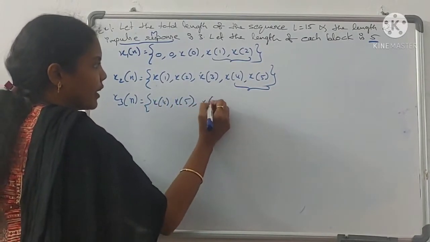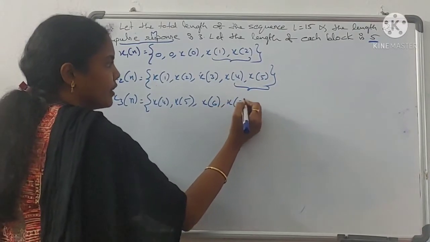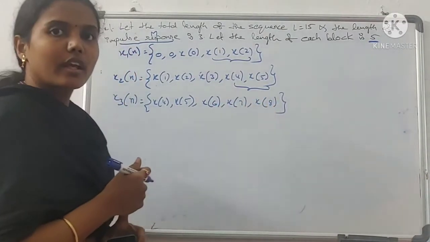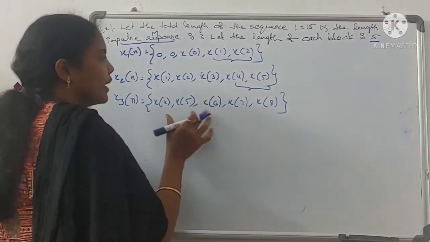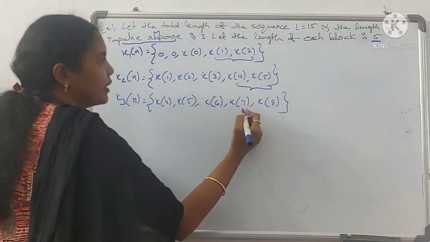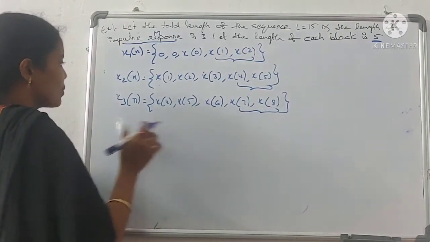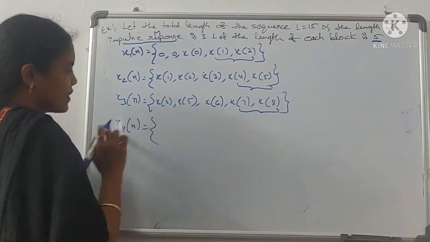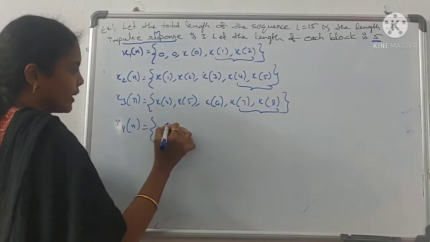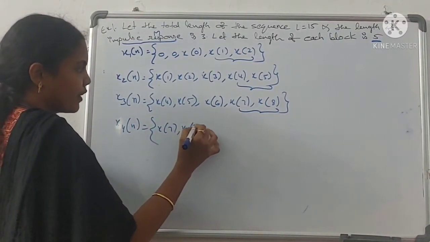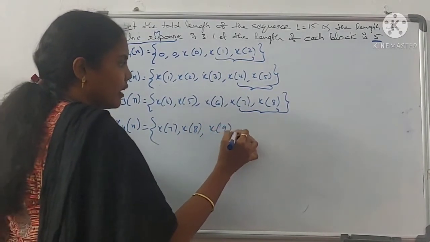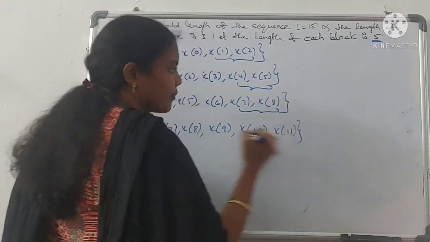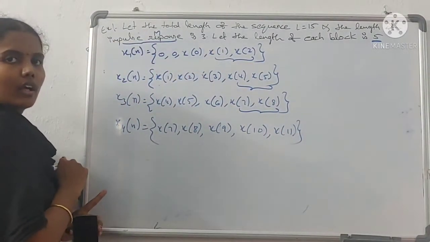Again you have to take x of 6, x of 7 and x of 8. This is also of length 5. Again you take these two for x4 of n, that is x of 7, x of 8, x of 9, x of 10 and x of 11.